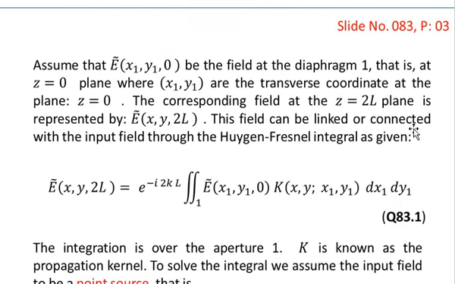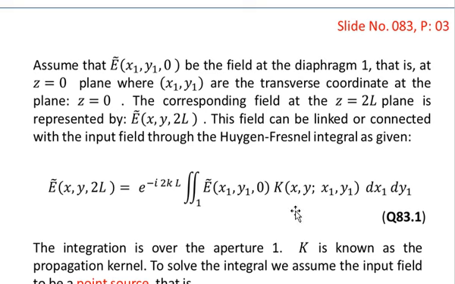This field can be linked or connected with the input field through the Huygens-Fresnel integral as given. So we are connecting the field at the output of lens 1 to the field at the input of lens 1. So E prime of x, y, 2L is equal to e to the power minus i 2kL, and the double integral over the surface area provided by lens 1, and then the integrands are E prime of x1 y1 0 multiplied by kappa of x, y; x1, y1, and then we have dx1 and dy1 as the integral variables.